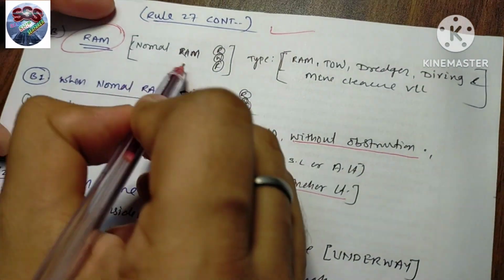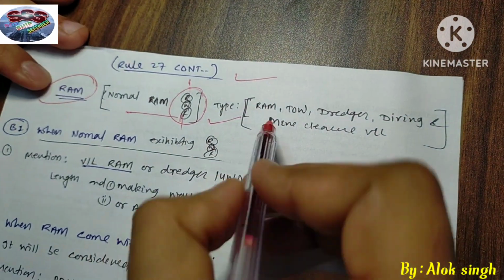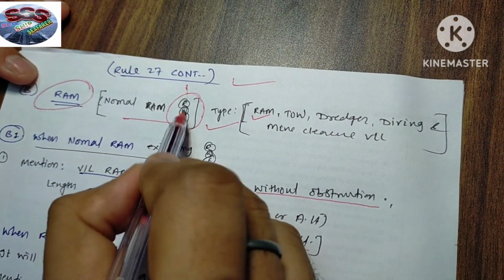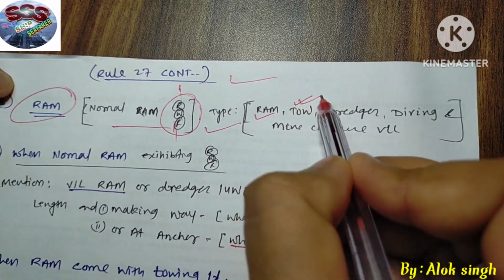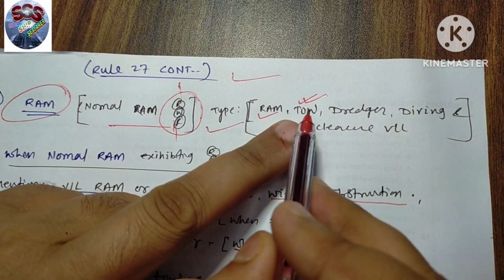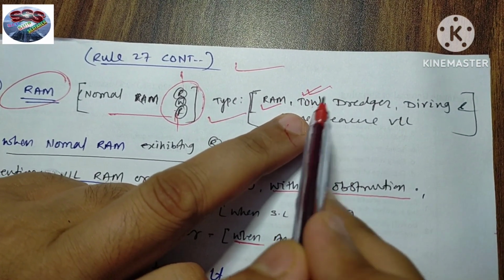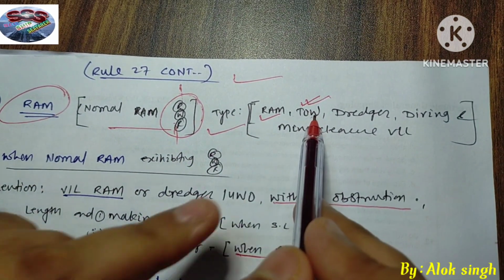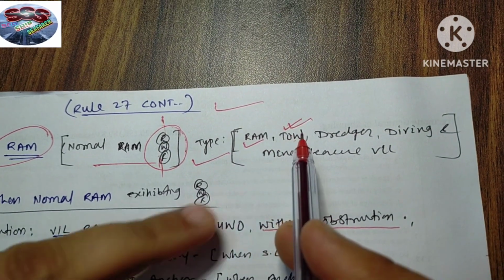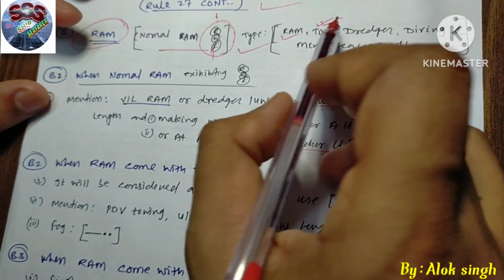Now we have to talk about RAM. RAM in normal light is red, white, red lights in a vertical line. Now a few types are there in RAM. Normal RAM shows the lights as per rule number 23. Then the tow vessel: even though it is a power-driven vessel, in this condition how will you differentiate this tow from the other tow? Because this tow also shows the red, white, red lights in addition to the towing lights, the masthead lights in a vertical line.